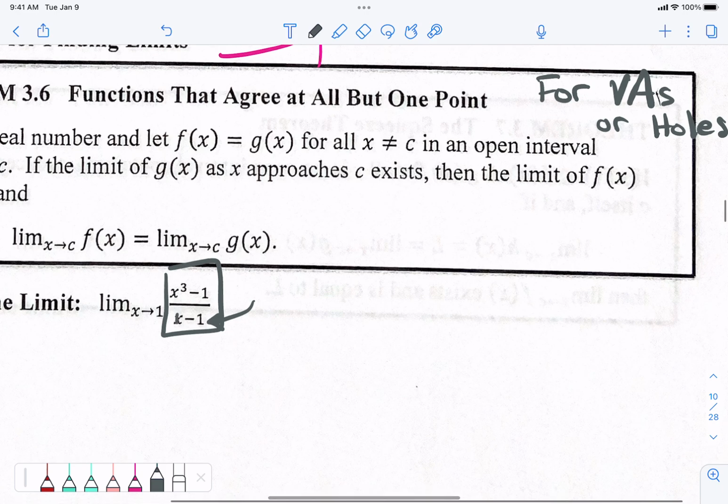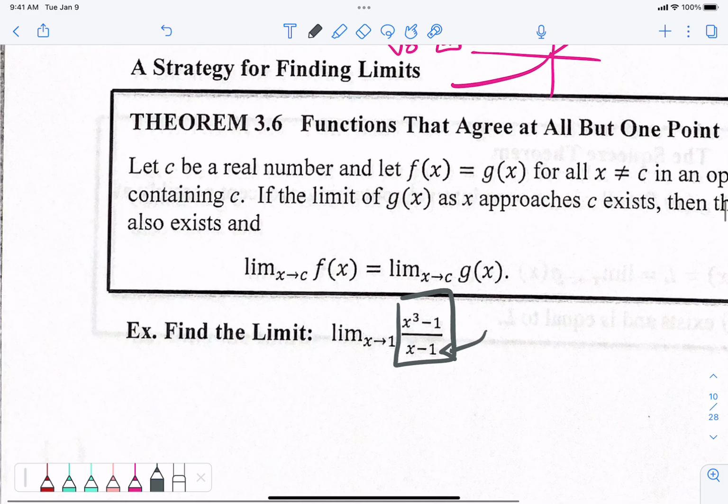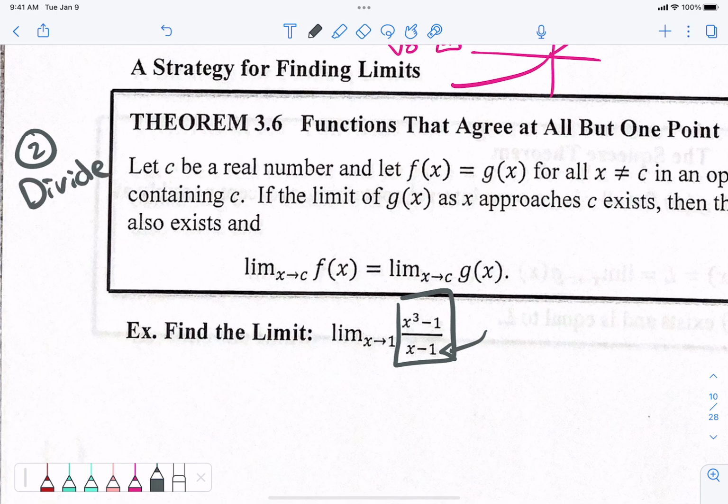I want to plug 1 in there, but if I do that, I'll end up with 0 on the bottom, and I can't do that, okay? So strategy number 2 is divide, or factor. Factoring and dividing are kind of similar to each other because you're basically getting rid of stuff, okay? So I'm going to either try to divide or try to factor, okay?